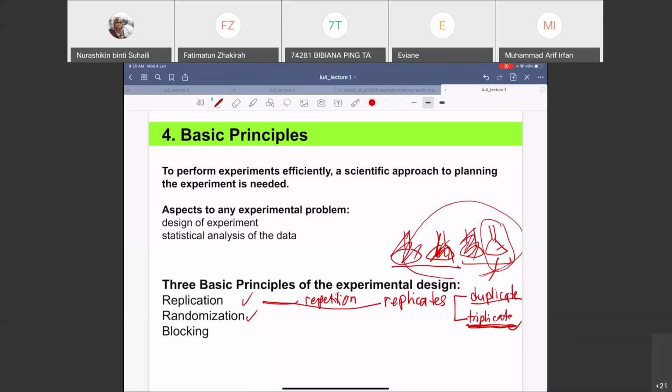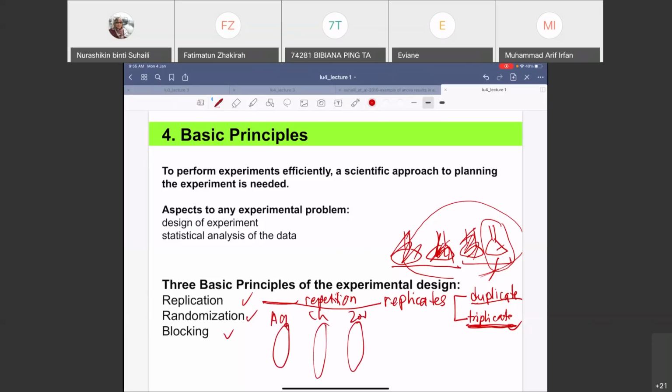Okay, so blocking is also another important concept in experimental design. If you don't have blocking, it means that your sample will be homogeneous, something that is scattered, let's say program aquatic, aquatic, and then chemistry. You don't put any levels or any blocks. Okay, this one is zoology.